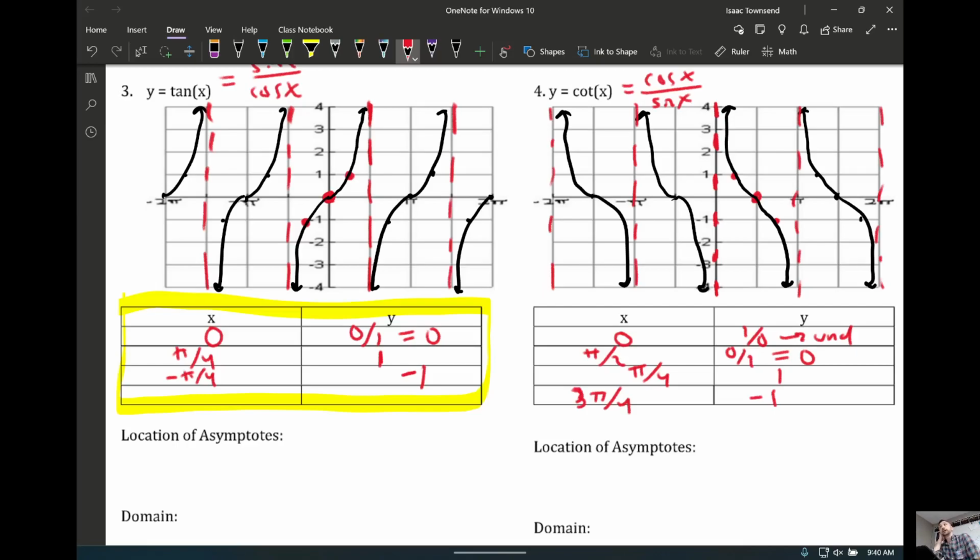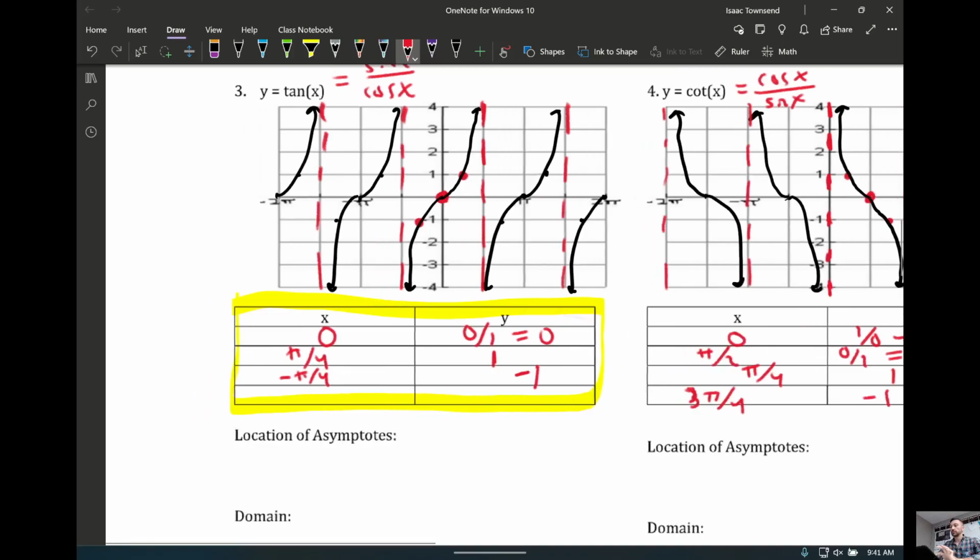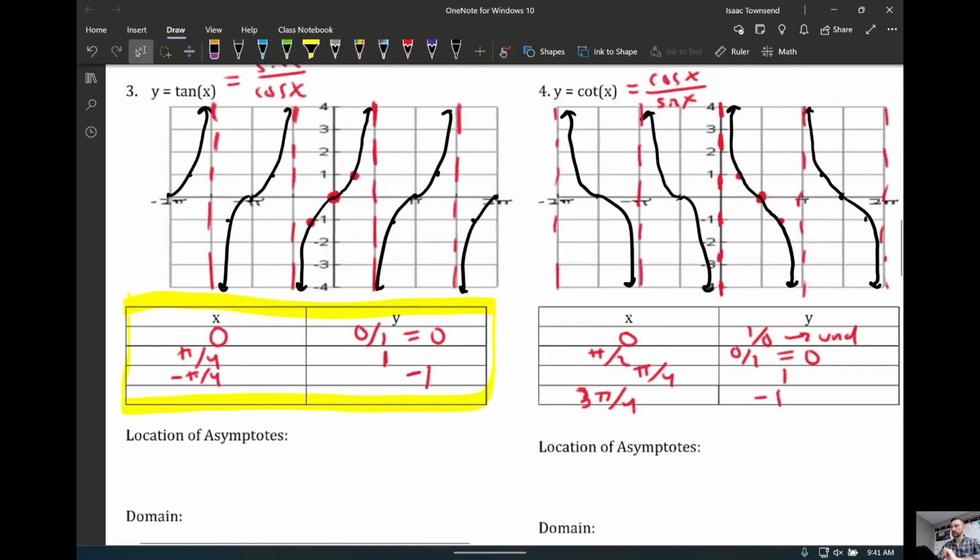Okay, and then, assuming we have our graph down, once you're good with that, then we should be able to answer these things about the graphs. So, let's just do both at the same time. So asymptotes, these actually do have asymptotes. You can't begin to list them all out because it has an infinite amount of them. There's one here, but if you keep going, there would continue to be more to the right and more to the left.